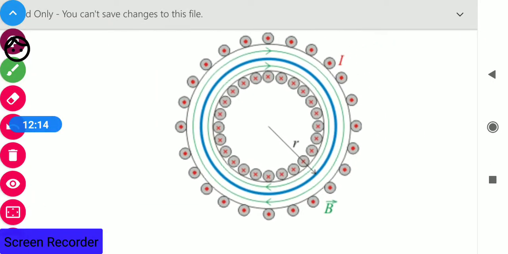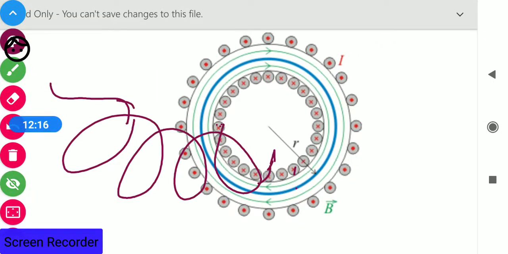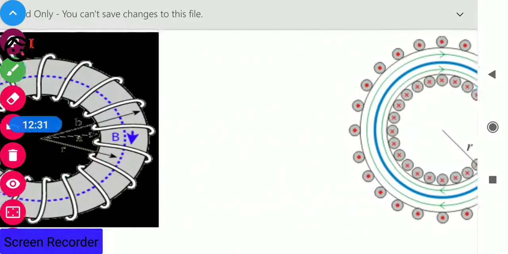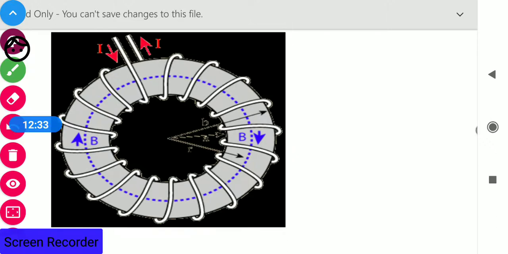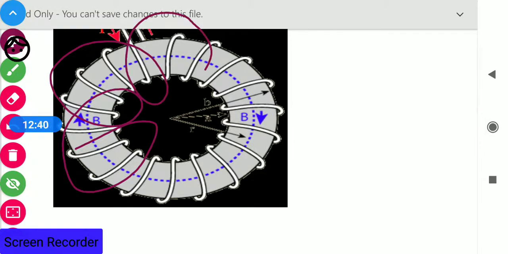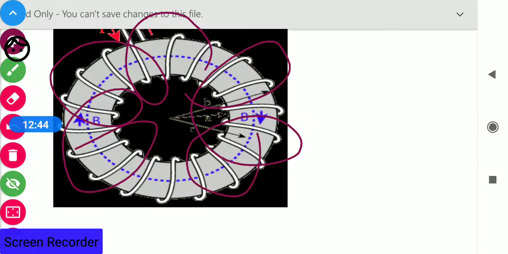In this figure, the cross means going inside the paper, and the dot means coming out of the paper. So you can say that it is like this, coming out of the paper and going inside the paper.